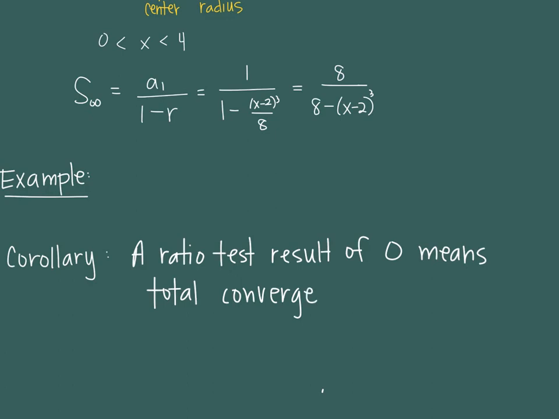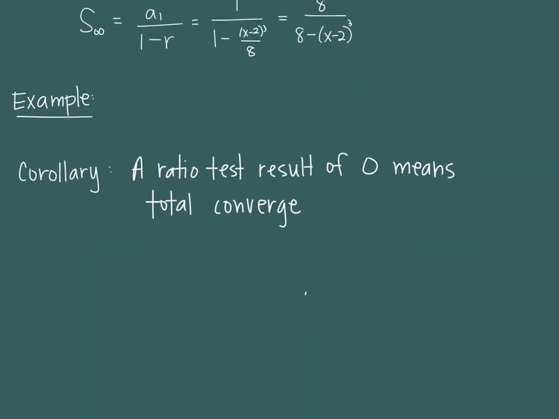It means it converges for all real numbers. That there is no interval of convergence. It converges everywhere. Okay? The opposite is true. What's the opposite of 0? Okay, a ratio test of infinity would mean total divergence. The only place it would converge would be at its center, but nowhere else. Okay? All right, that was the last thing I wanted.